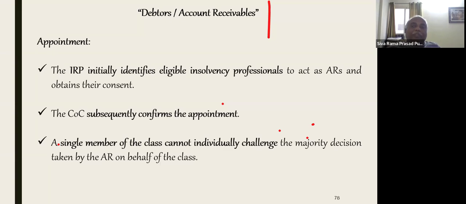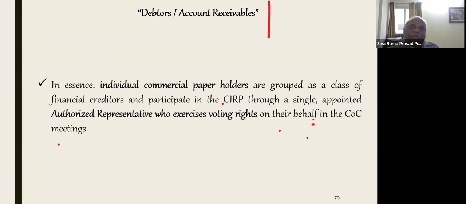In essence, to conclude on commercial paper, individual commercial paper holders are grouped as a class of financial creditors and participate in the CIRP through a single appointed authorized representative who exercises the voting right on their behalf in the COC meetings.